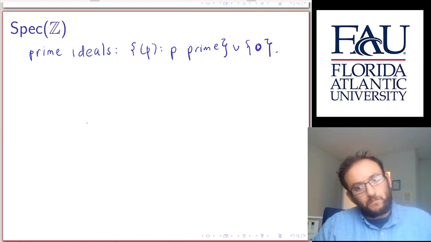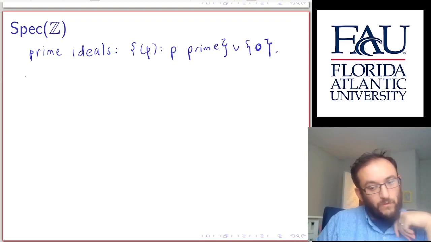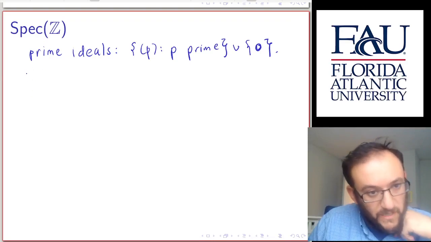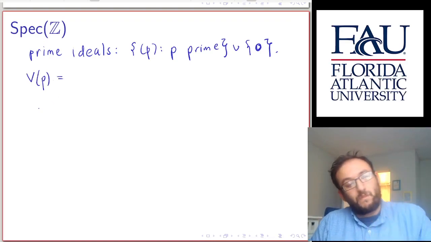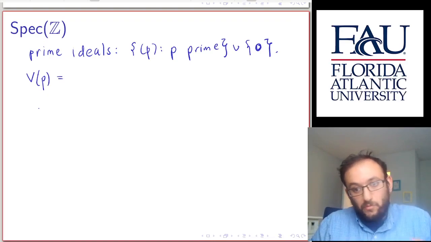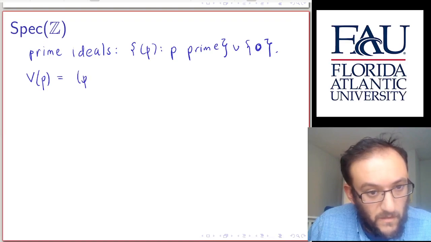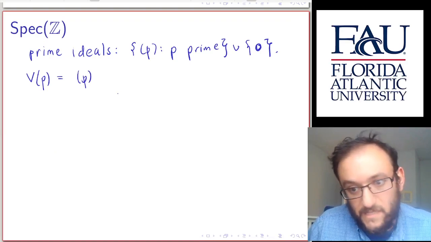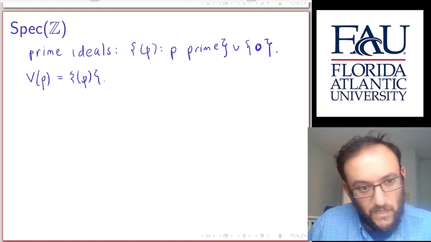Okay. And so if you look at any p, if we want to find V(p), the set of prime ideals containing a given prime, that's just going to be the prime itself. So each of these points is closed.